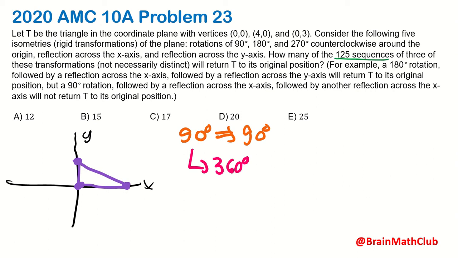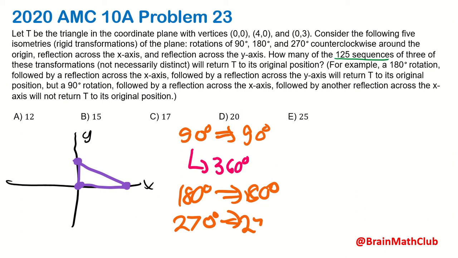Now, using the same tactic on all of the other rotations, we'll get that 180 degrees is a 180-degree rotation. The 270-degree rotation, 125 times, is just another 270-degree rotation. And then the reflections. If we reflect twice across the same line, that'll just be an identity reflection, which means that T will map onto itself.